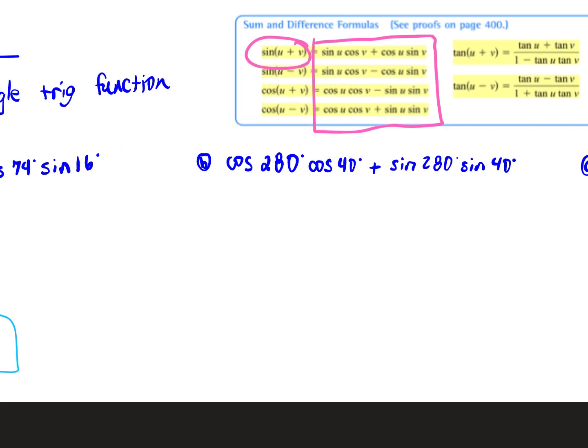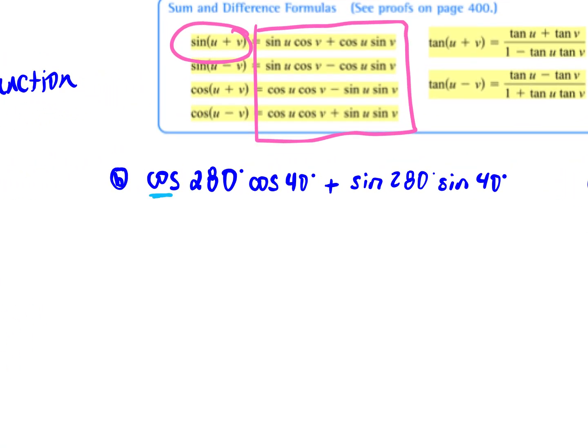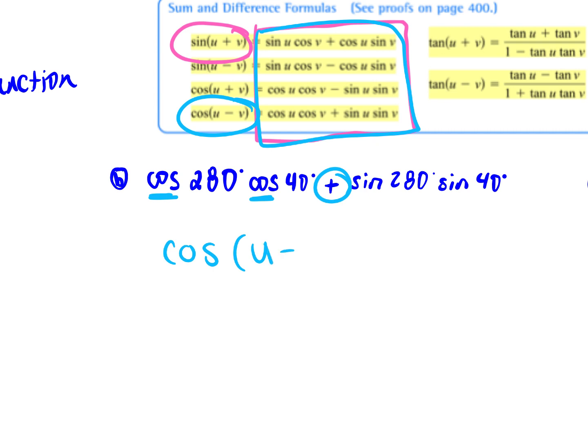So looking at B, here my formula goes cosine, cosine, plus. So which one of these on the right side goes cosine, cosine, plus? Cosine of u minus v. So I'm going to use cosine of u minus v. So what's my u? 280, and what's my v? 40.